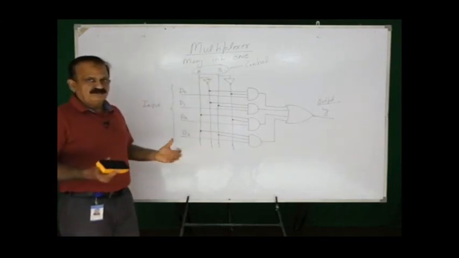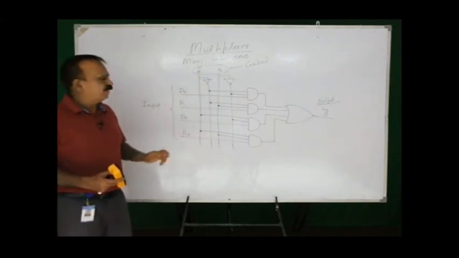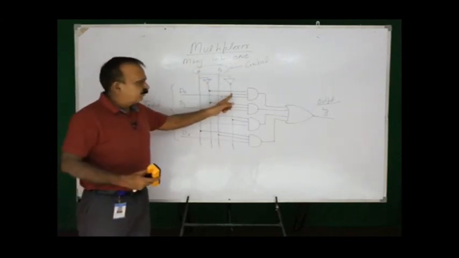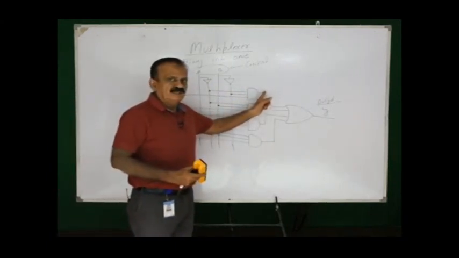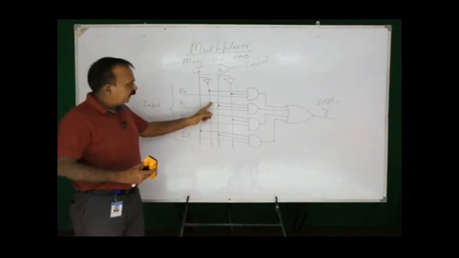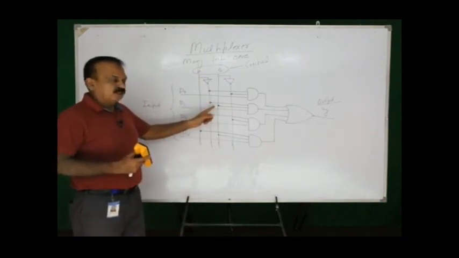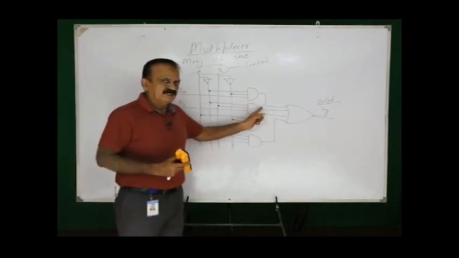Say one more example, A is 1 and B is 1. If A is 1 and B is 1, A bar and B bar both will be equal to 0 and this output is going to be 0. Now this is A bar and B. Since A is equal to 1, A bar will be 0, this value is going to be 0.